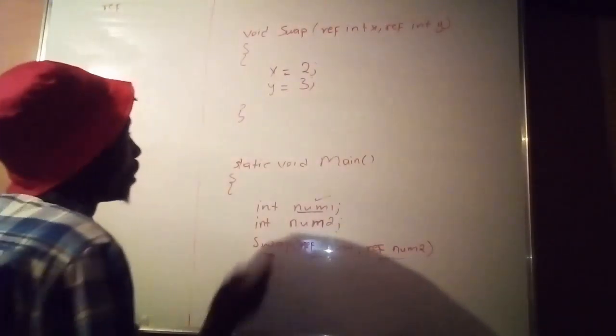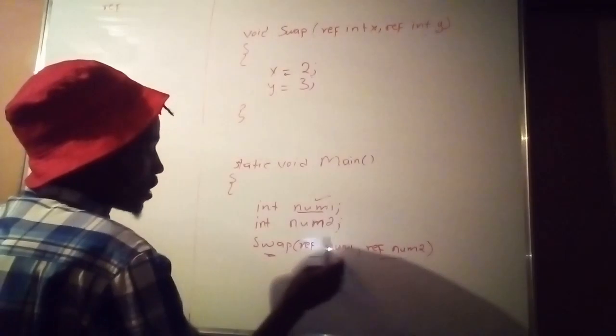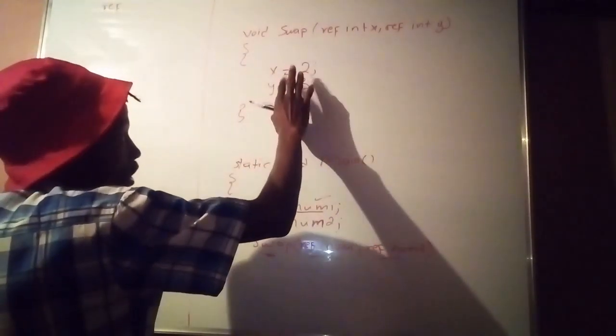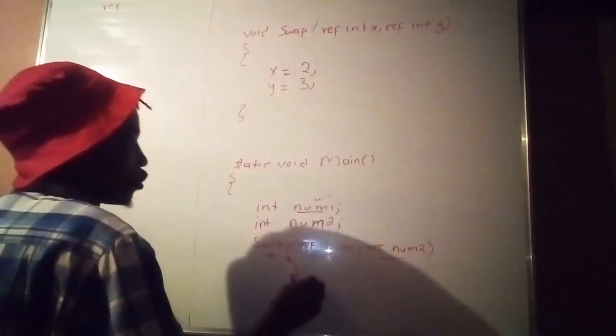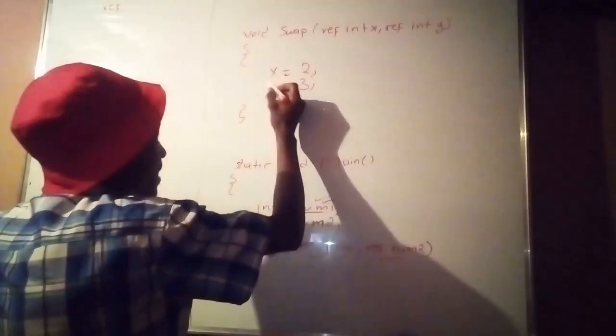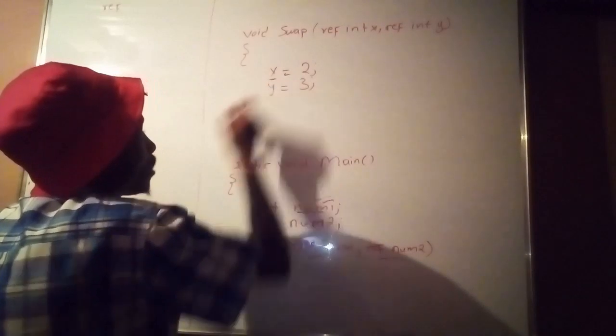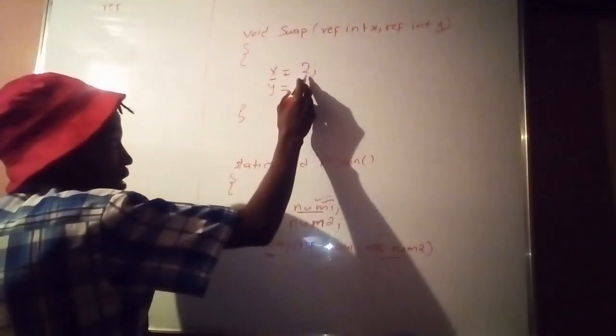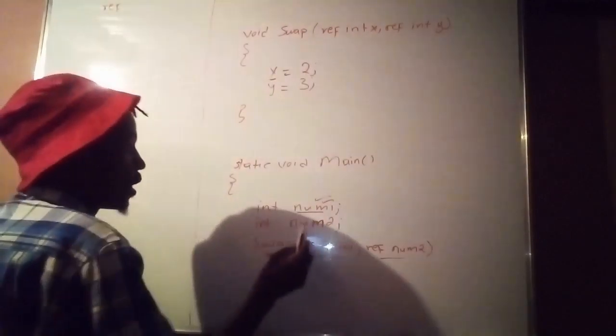Where did you get it? Because these arguments are passed by their reference. So what the runtime is going to do, it's going to go to the address of num1 and assign the value that was assigned to the corresponding parameter, which is x. And now we store 2 on num1.